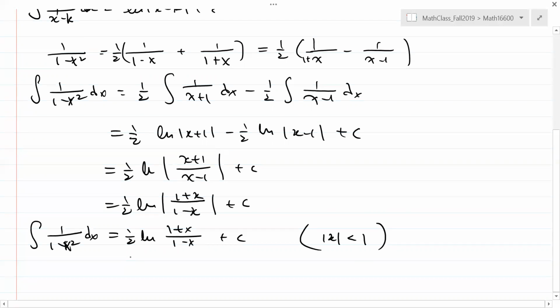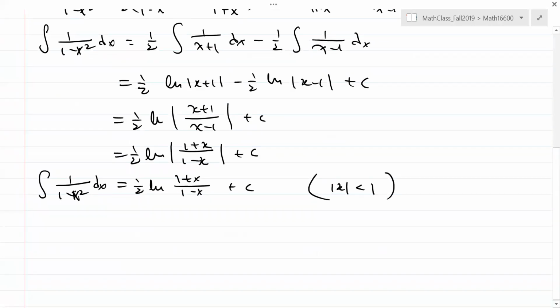So this is a good example to start with. Now, we can use this to solve other problems.